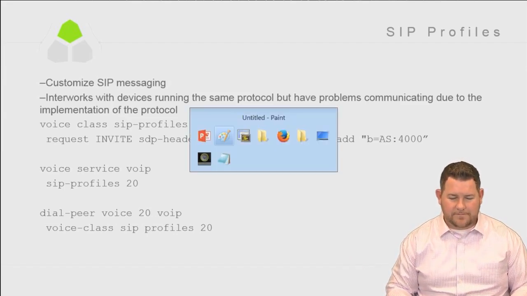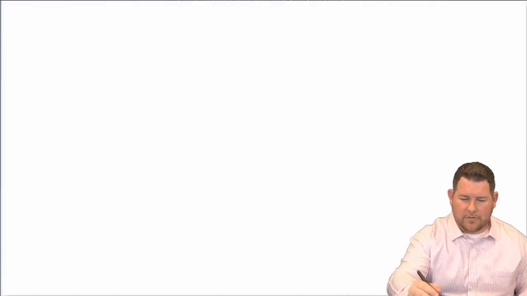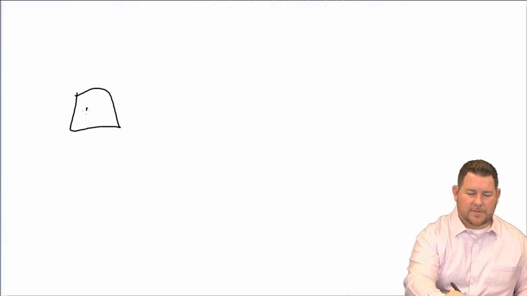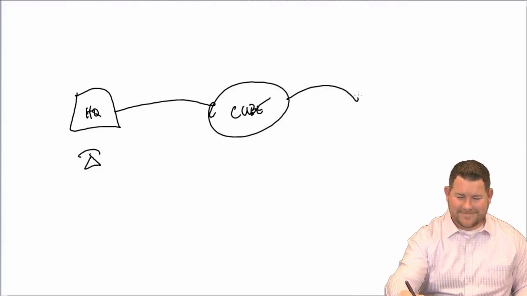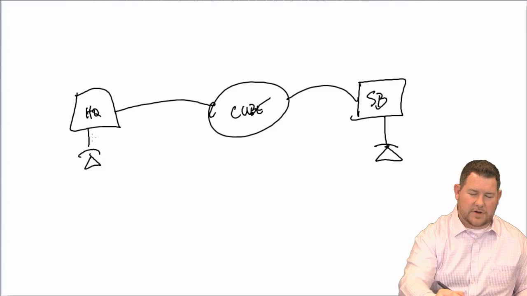So for example, in another drawing here, if we have one device over here, the HQ cluster again, to the egg-shaped CUBE, and to site B, and another phone over here.